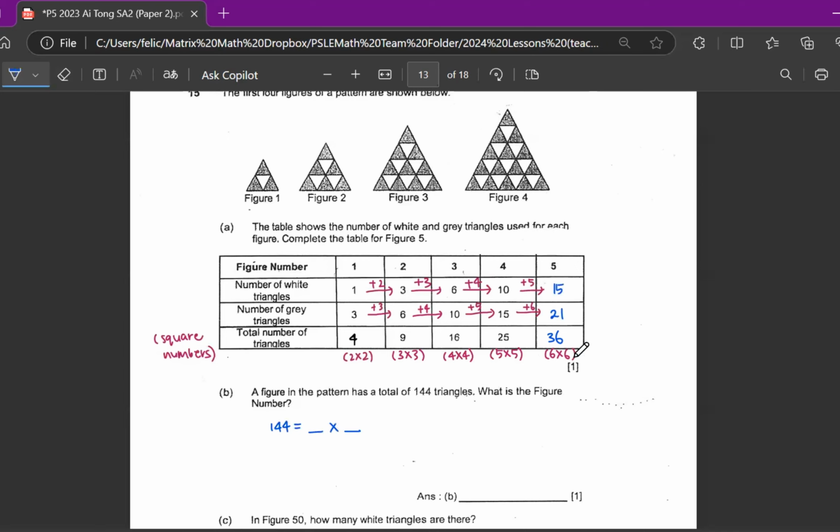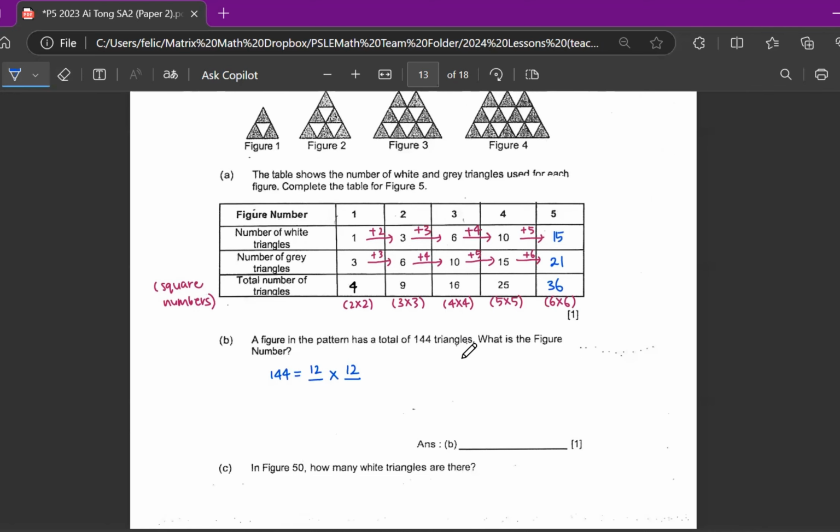Because I'm following this pattern, square numbers. If you're good with your multiplication, you should realize this is 12 times 12. Now, don't rush to write down figure 12. Got to see the relationship between the figure number and all these products here.